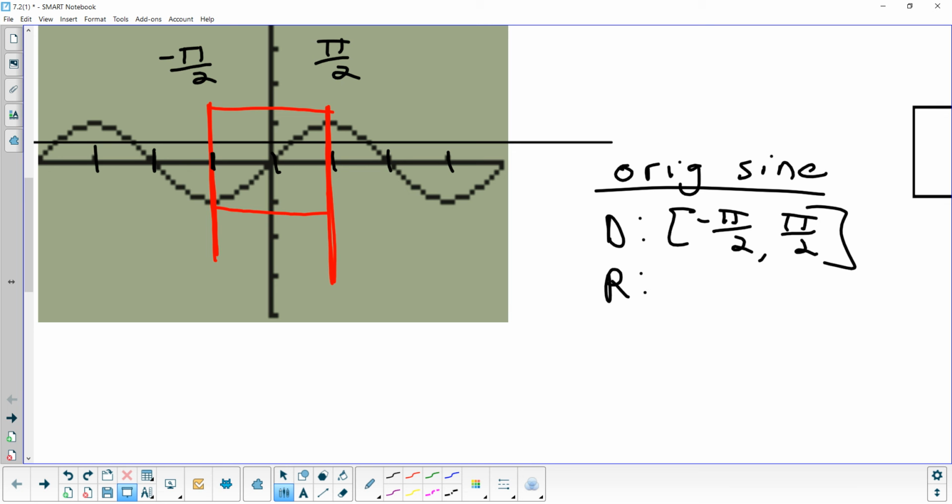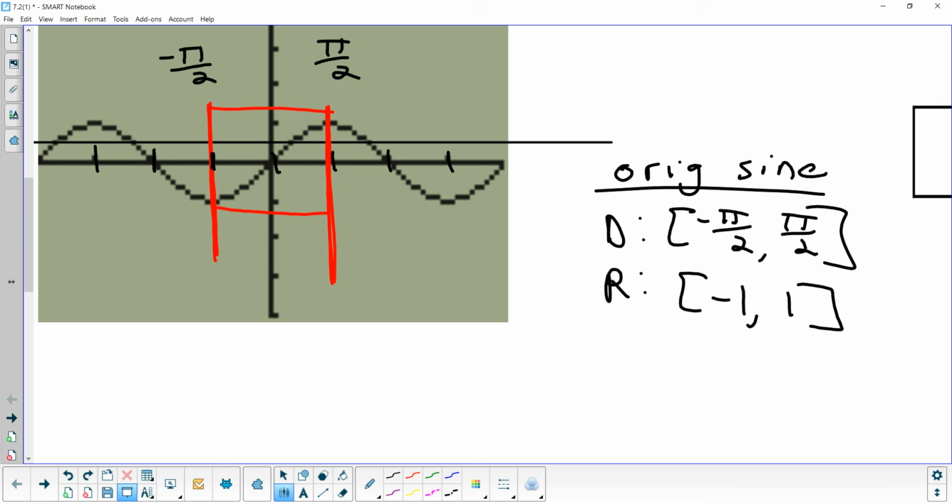If you look inside that red box, what's the highest and what's the lowest that the sine function goes in that box? Or really anywhere. Yep. 1 and negative 1. Yep, it's negative 1 to 1.